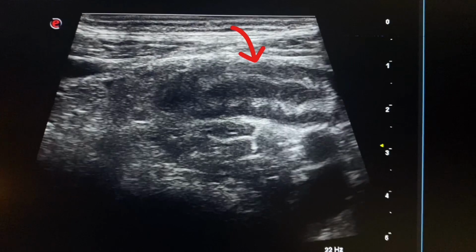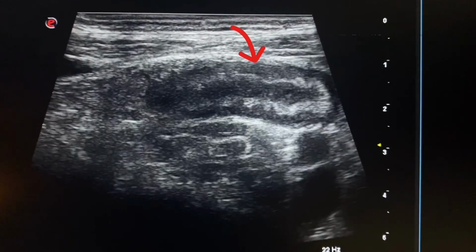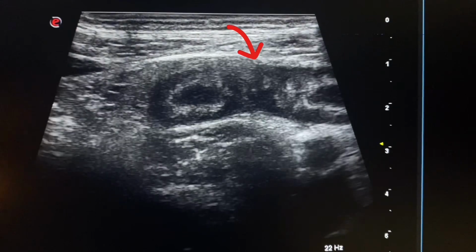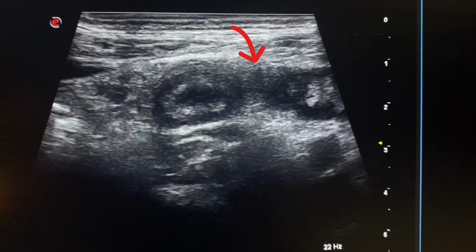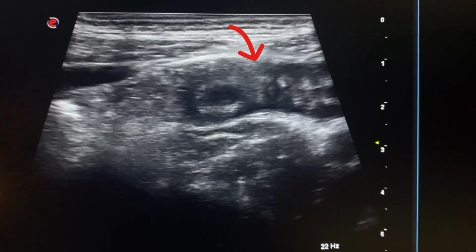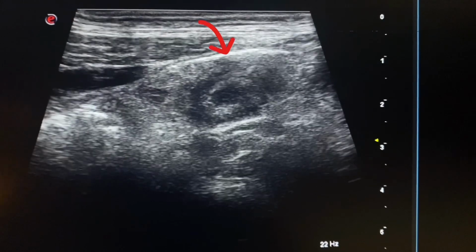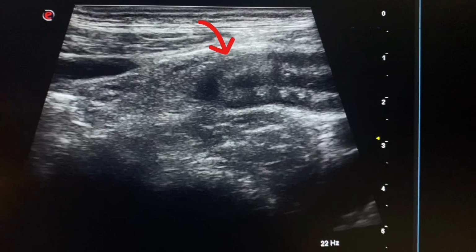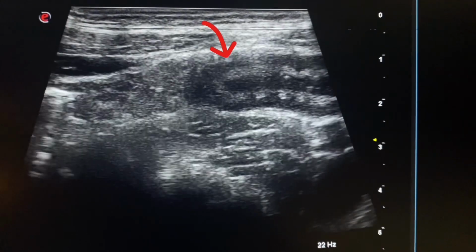Normally the appendix diameter is less than 6 millimeters, and we cannot find it during the scan due to gas shadows. But when it is inflamed, we find it easily if there are no gas shadows.